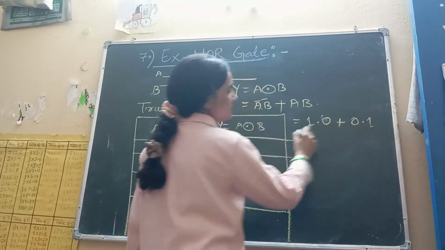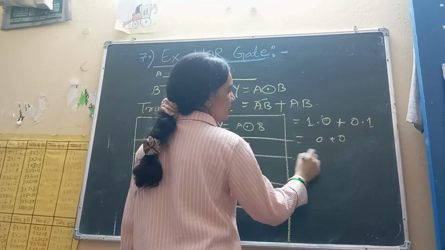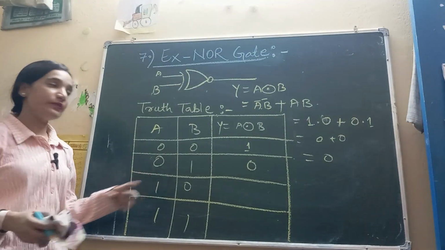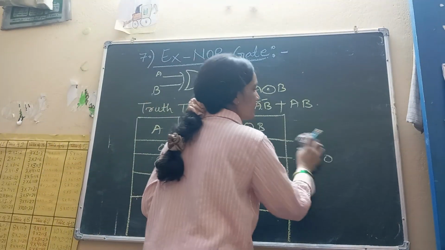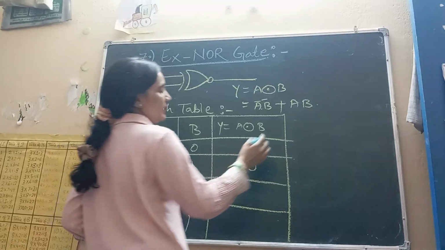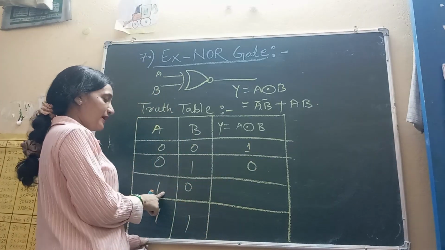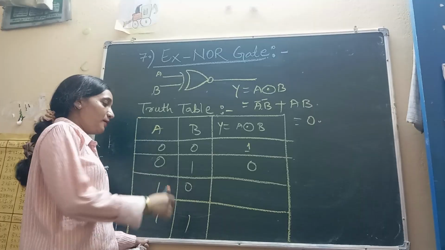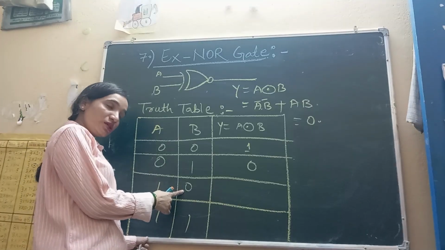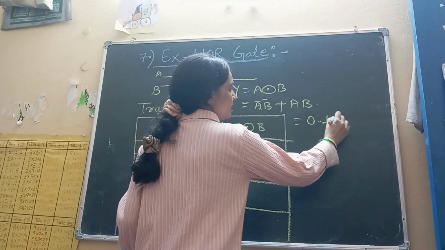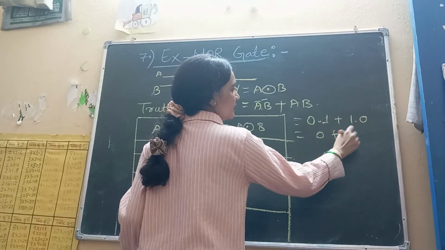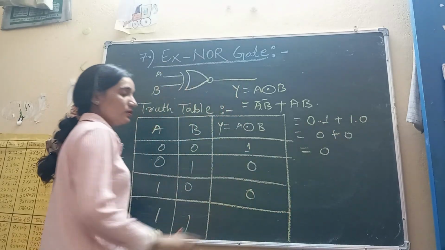So 0 plus 0, we are getting 0. Fine. This is for the different input. Now the next option, when A is high, A bar means 0. B bar means 1, and A is 1, B is 0. Here also we are getting 0.